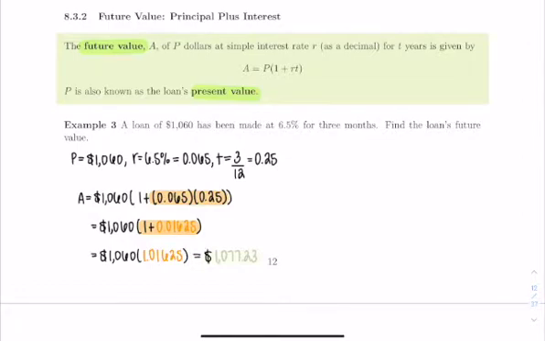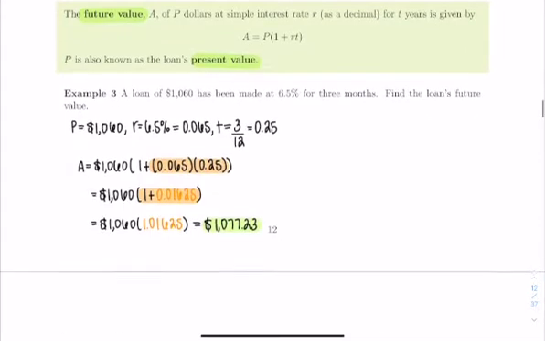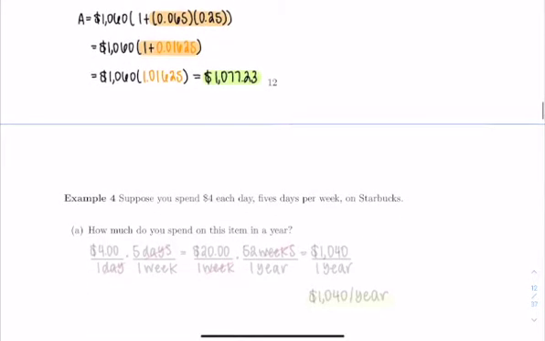And when I multiply this out, I end up with $1,077.23. And so that would be the loan's future value.